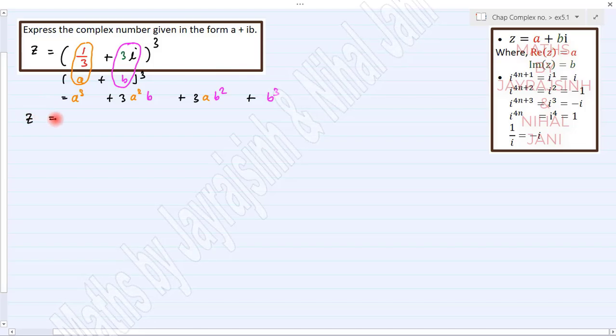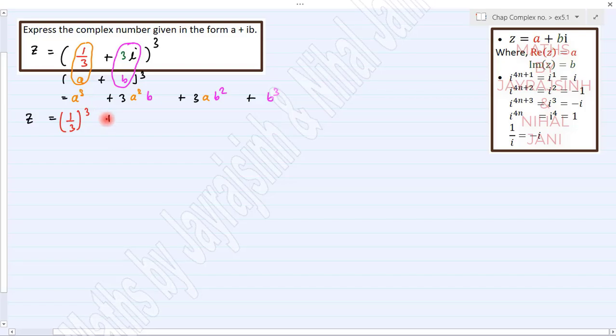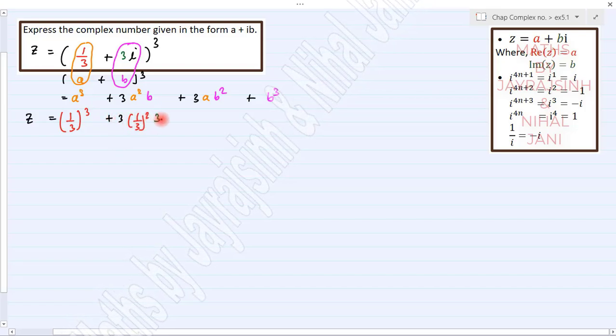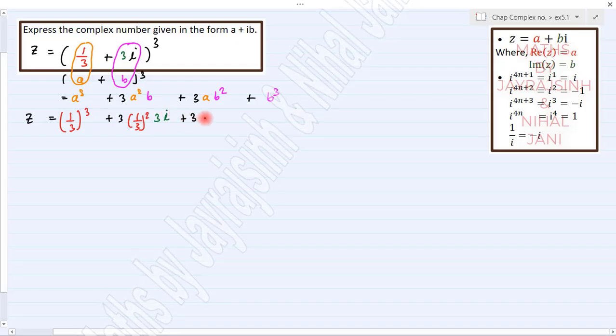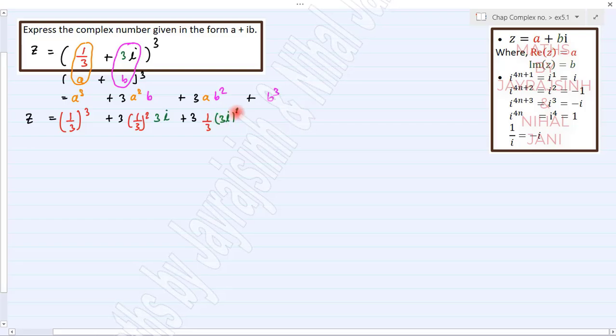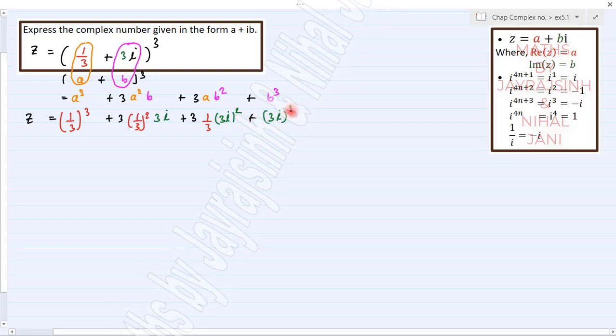So your complex number will be (1/3) the whole cube + 3 times (1/3) the whole square into 3i + 3 times 1/3 into (3i) the whole square + (3i) the whole cube.